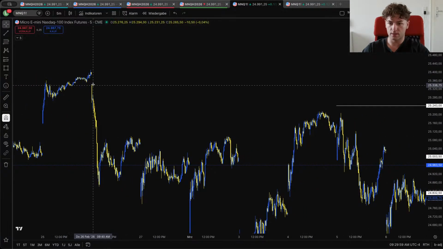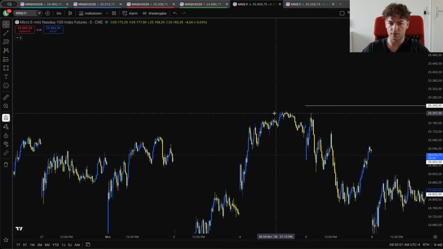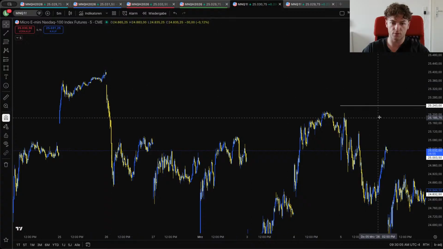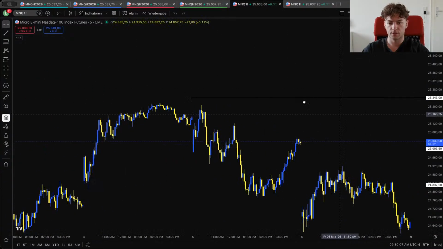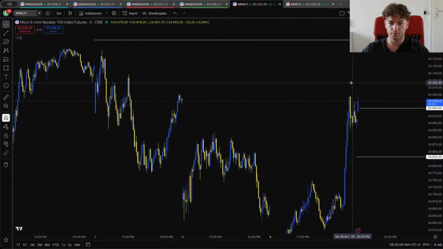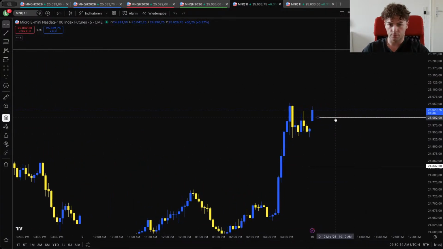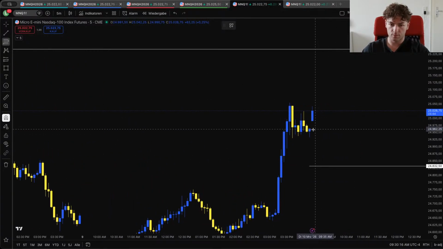So that's an inefficiency right above these relatively equal highs. So I don't know, maybe we can also go for this if we go for buy side. But yeah, let's mainly just focus on, okay, there you go. Small opening range gap.